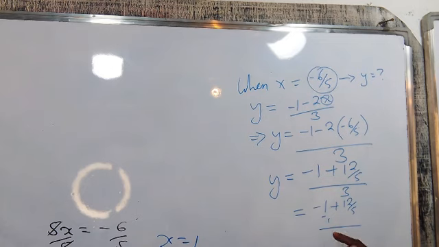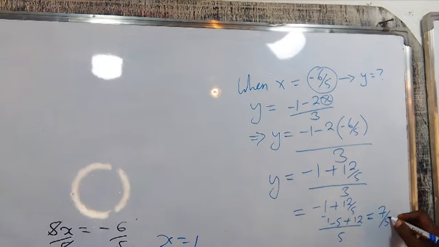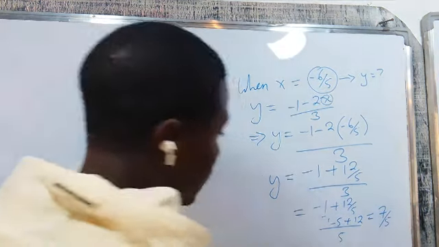What is the lowest common denominator? It is 5. Negative 1 becomes negative 5, and 5 into 5 is 1 times 12 is 12. So this will give you 7 over 5. That's not the final answer.